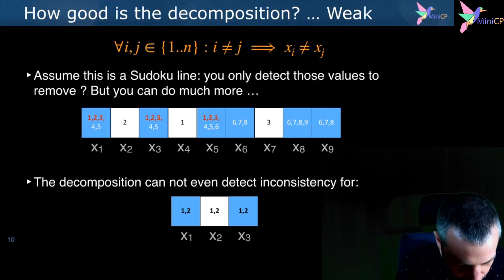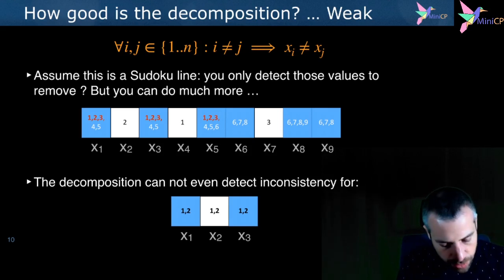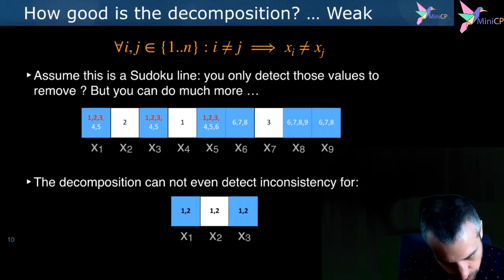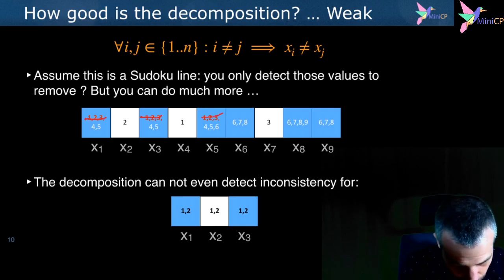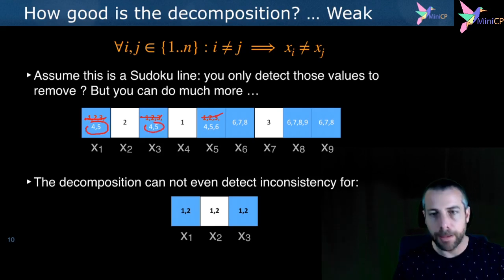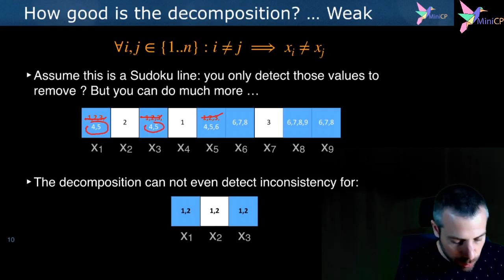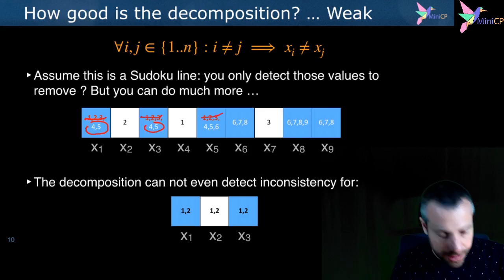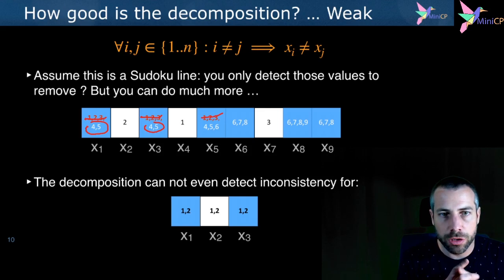But you can do more than that, because once you have removed 1, 2, 3, you know that 4 and 5 will be assigned to x1 or x3, but since x1 and x3 must take different values, of course you could have the solution 4, 5 or 5, 4, but it doesn't matter.